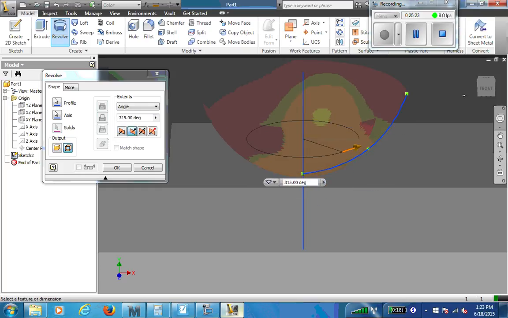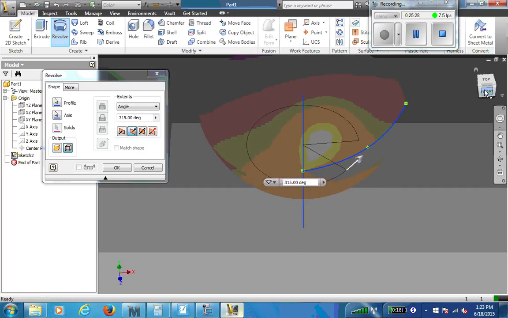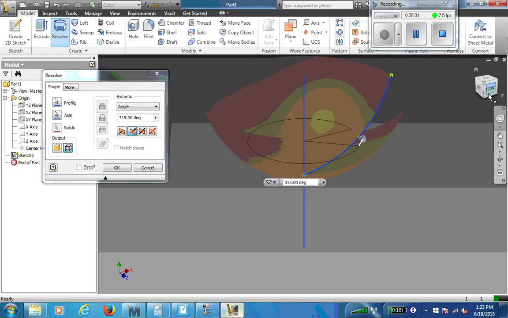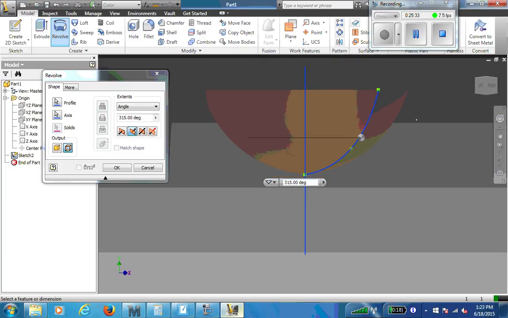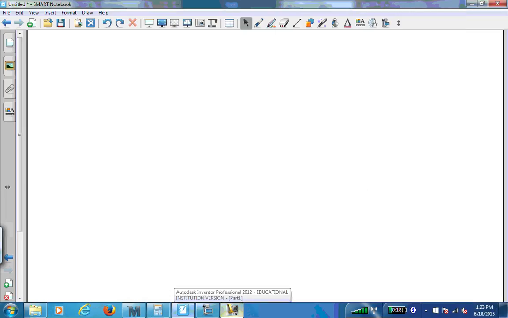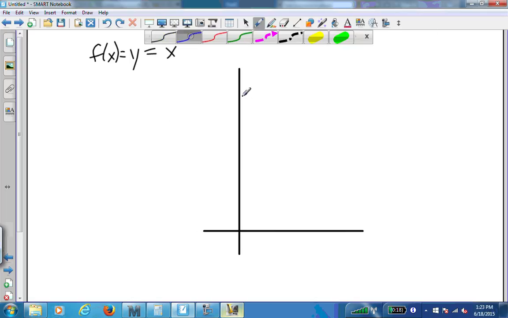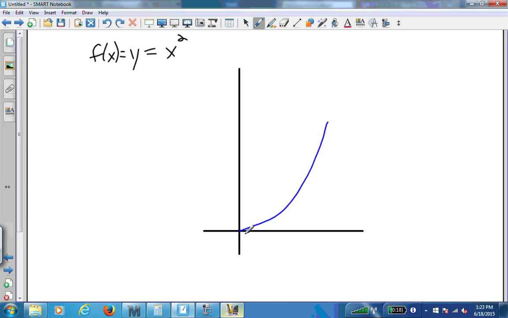So we're wanting to find that surface area. We're not finding the volume, we're not finding how much is contained inside it, just what is the area of the surface of that. So let's suppose that our function is given by y equals x squared, or you could call that f of x equals x squared, as our parabola, and let's go from 0 to 2 in the x direction.